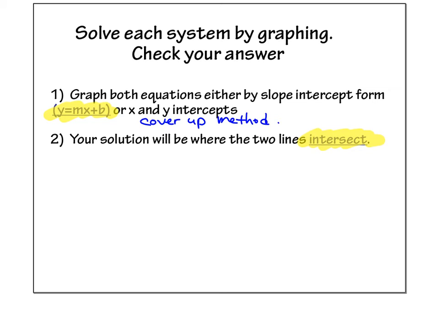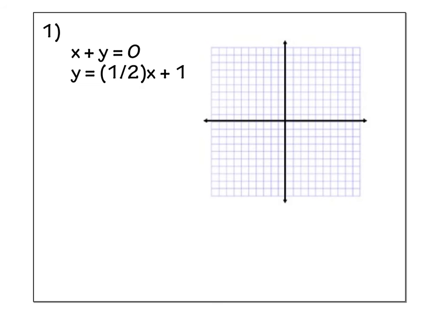So in your notes it says graph both equations either by slope-intercept form, which is y equals mx plus b, or the x and y intercepts. I've also written here the cover-up method. That's another tool that you could use to find the y and x intercepts. Your solution will be where the two lines intersect. I kind of already touched on that. So let's get to work and try some problems.